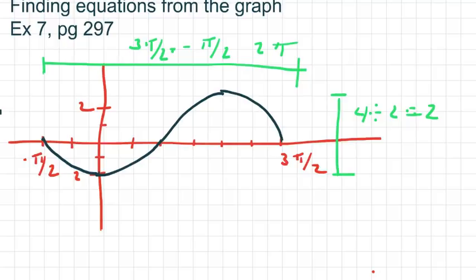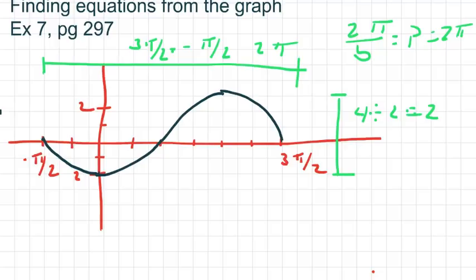Now, what we actually need is b, which we know is 2pi/b is the period. So in this case, 2pi/b is 2pi, so that means b is equal to 1.